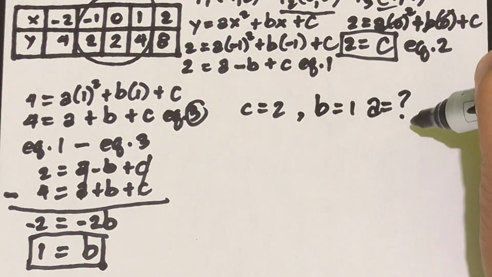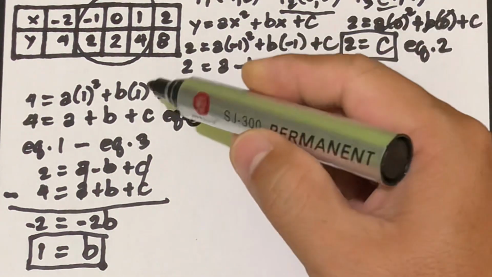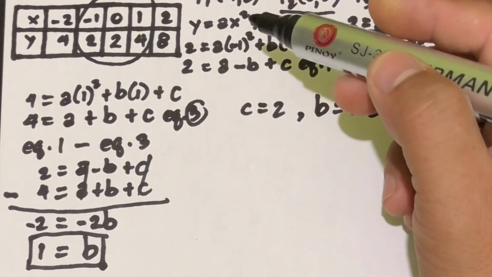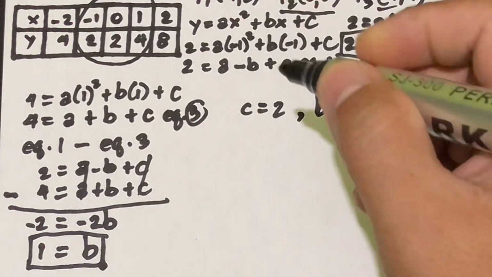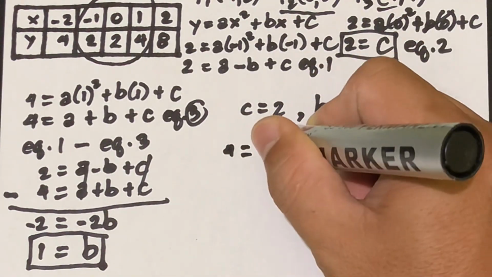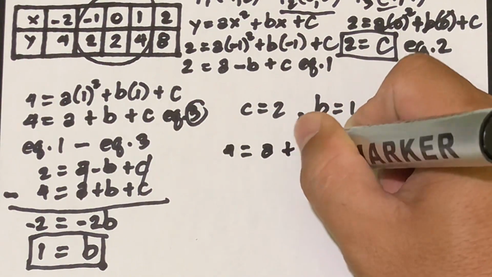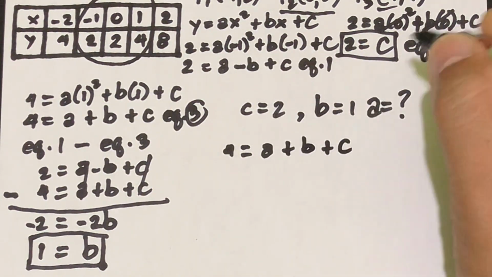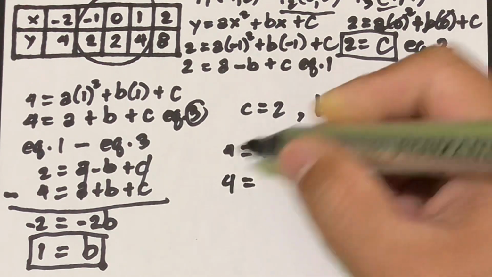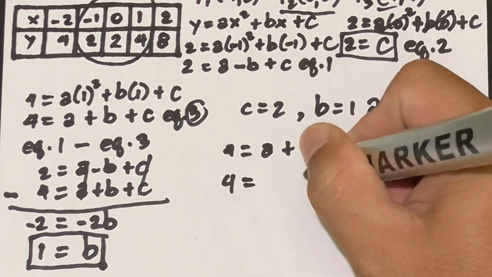To find the value of a, we can use equation 1 or equation 3. Let's try to use equation 3. Equation 3 is 4 equals a plus b plus c. The value of c is 2. The value of b is 1.